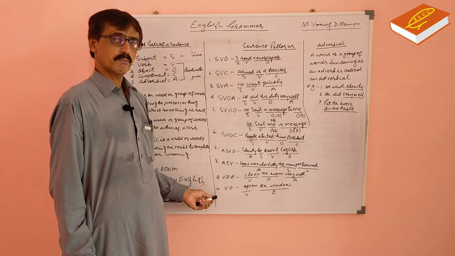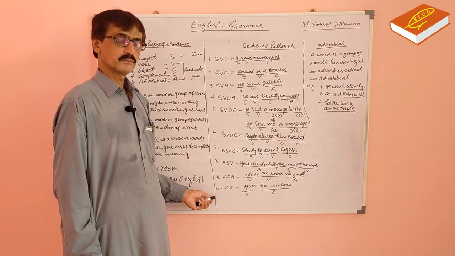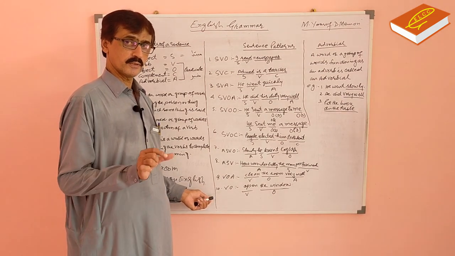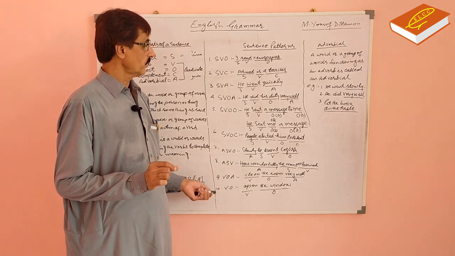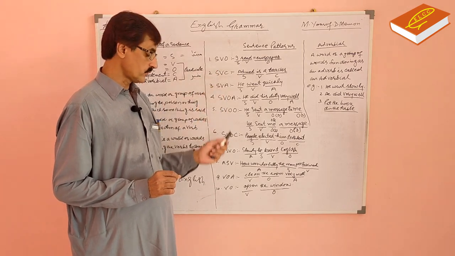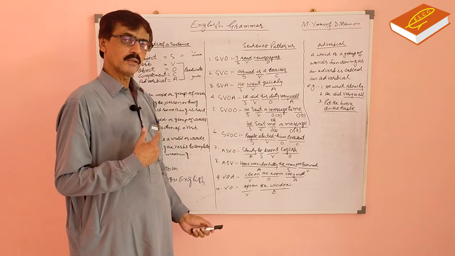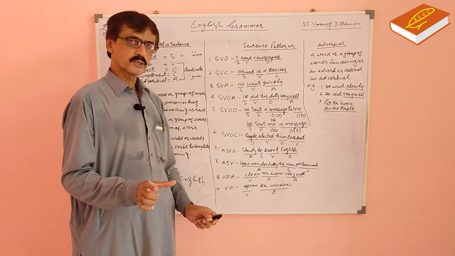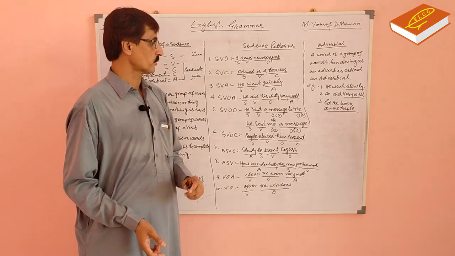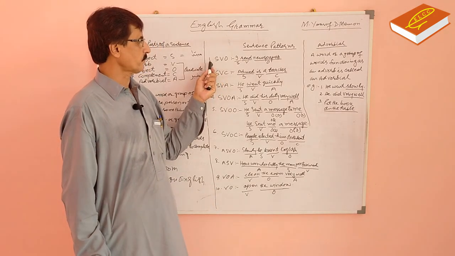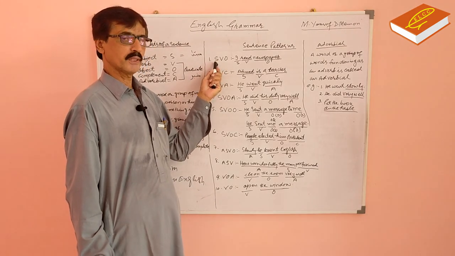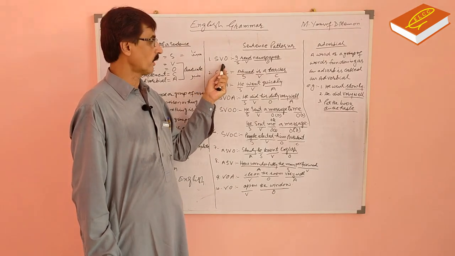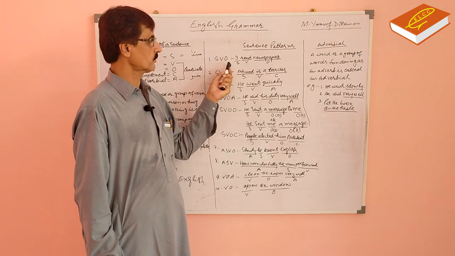There are 10 patterns on which a sentence is written correctly. If you are clear about these 10 patterns, then you will be able to write a sentence correctly. The first pattern is SVO. S means subject, V means verb, O means object.